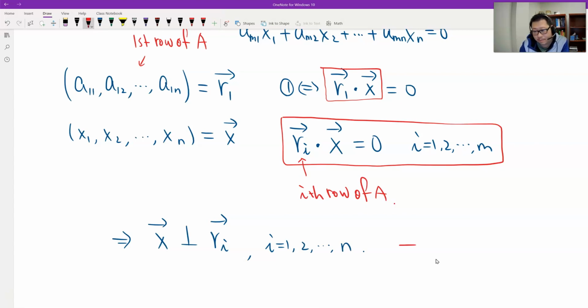That's the result of the theorem. So the solution x should be perpendicular to any row of the coefficient matrix in the homogeneous linear system. That's all. Thank you.